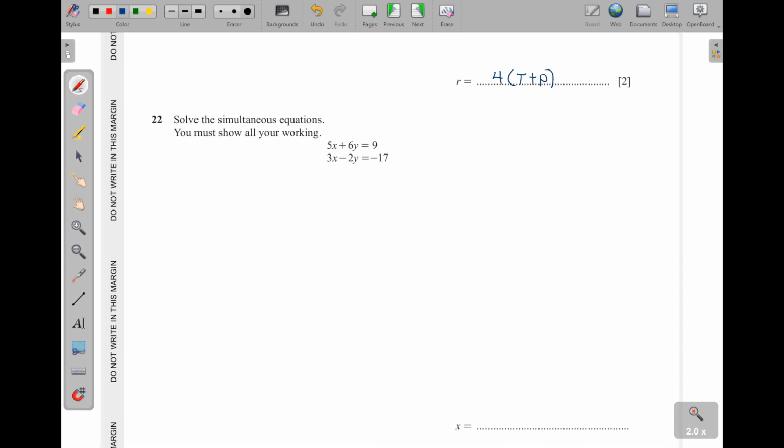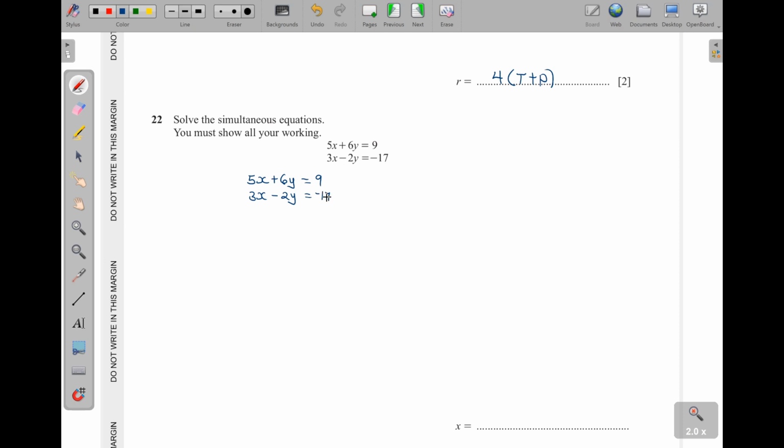Question 22. Solve the simultaneous equations. You must show all your working. Okay, so here I'm going to use elimination, where I'm going to do away with one variable. I remain with 1.